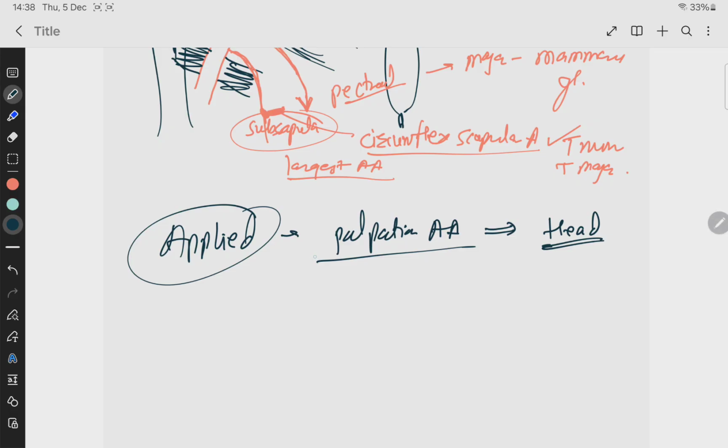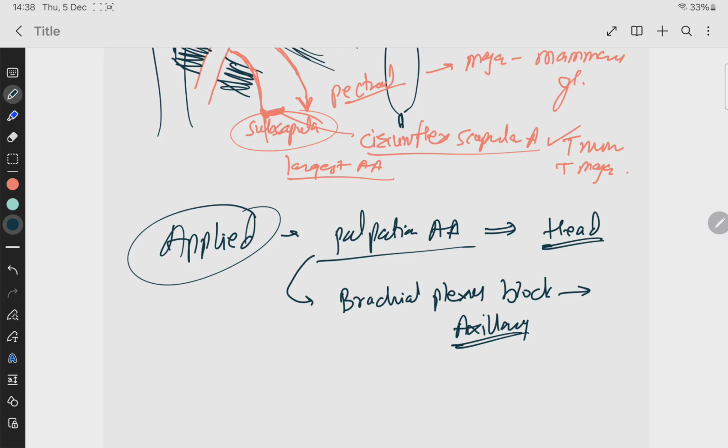This palpation is important for giving a brachial plexus block in anesthesia in the axilla, that is called axillary block, where the artery is palpated. Because ये अगर artery है, artery के around there lies the plexus.